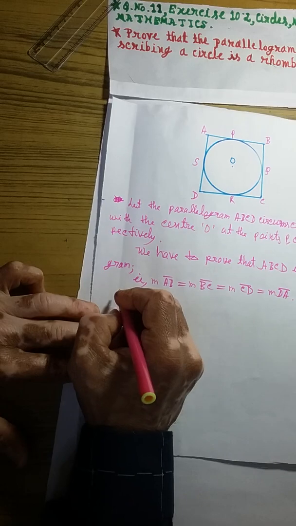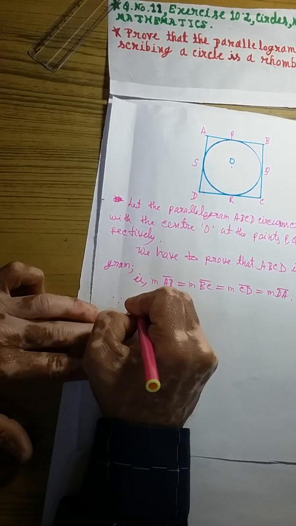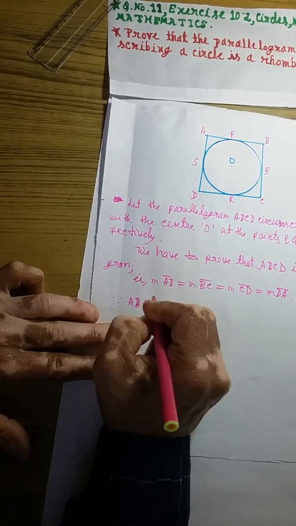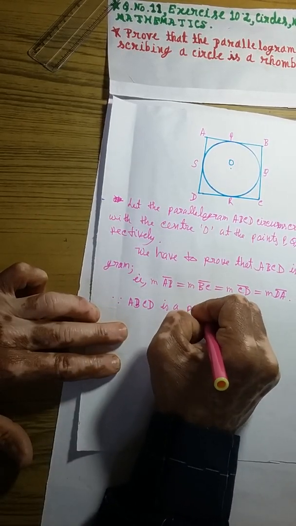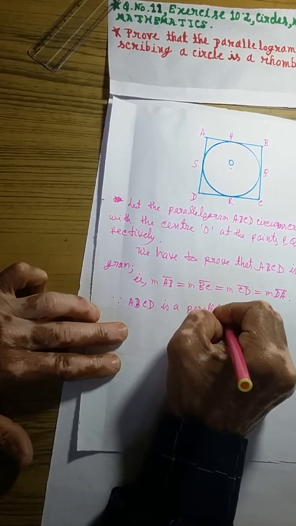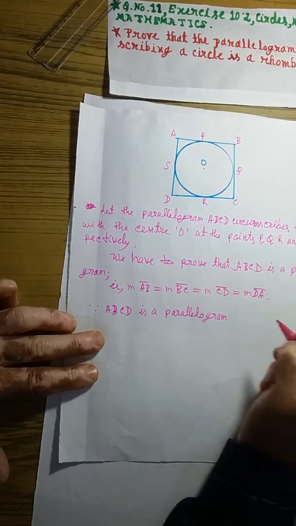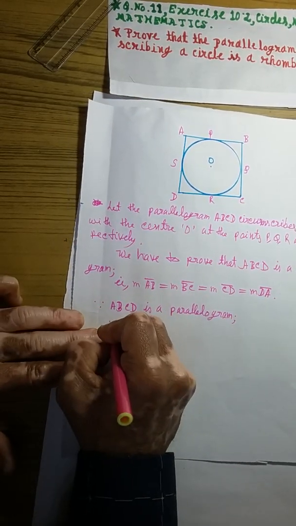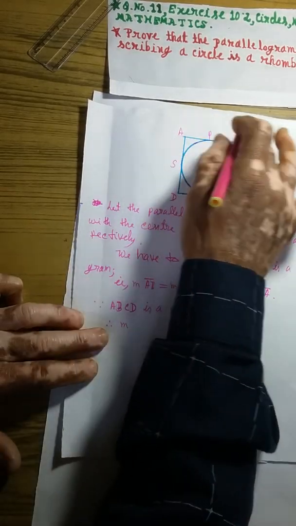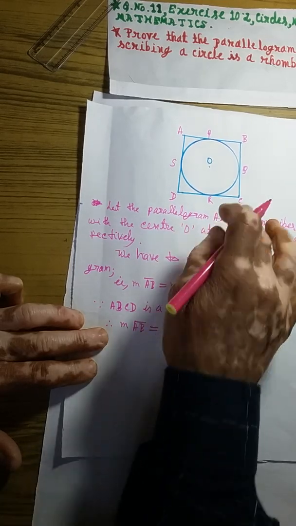Write in this way. Since ABCD is a parallelogram, therefore measure of AB is equal to measure of CD.